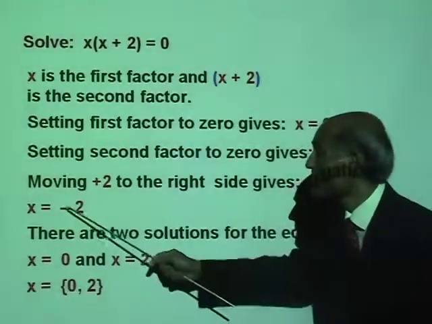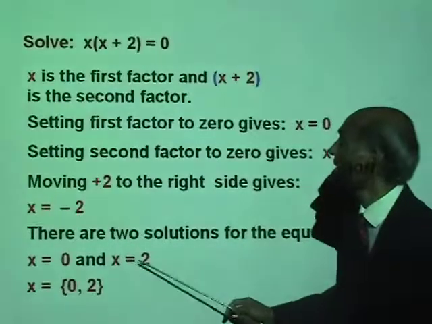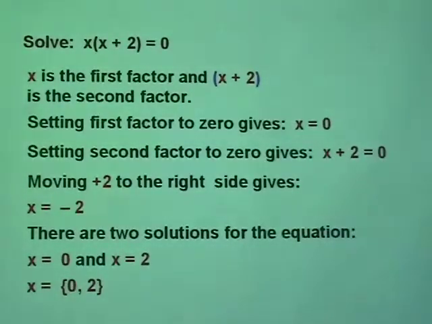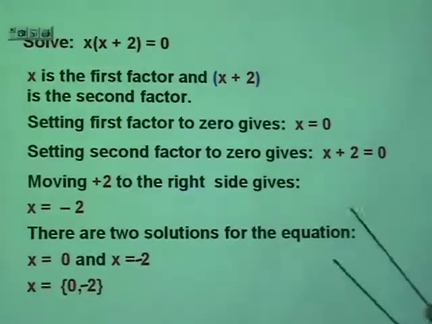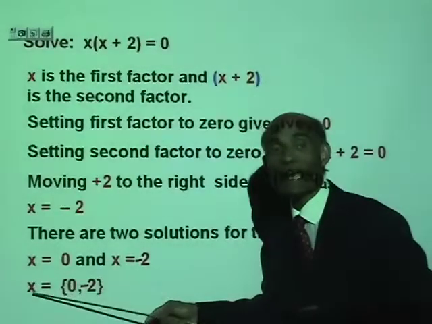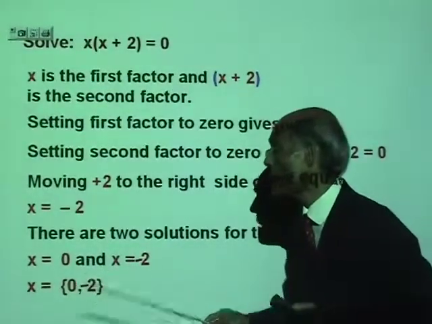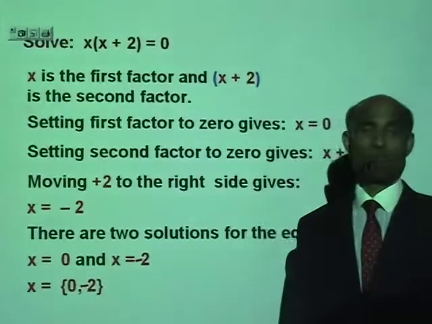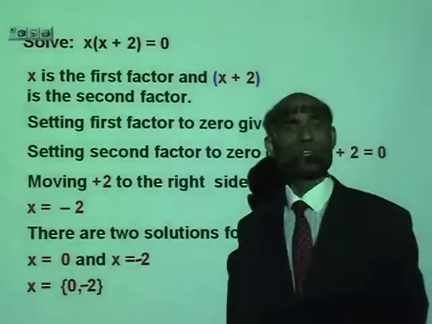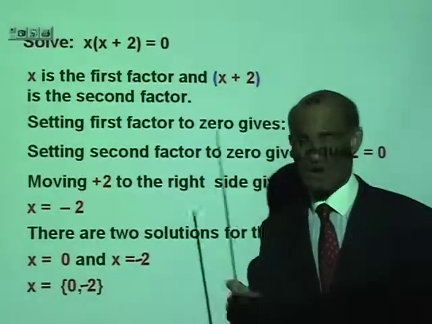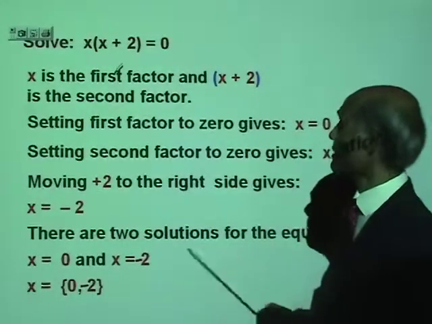So please make that change: x equals negative 2. x equals 0 is a solution. x equals negative 2 is a solution. And therefore the solution set is x equals the set of 0 and negative 2. Okay, it's not that hard, is it? Alright, let's go and look at another one.